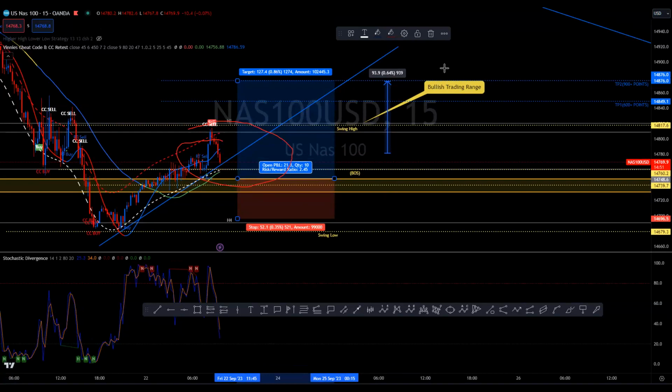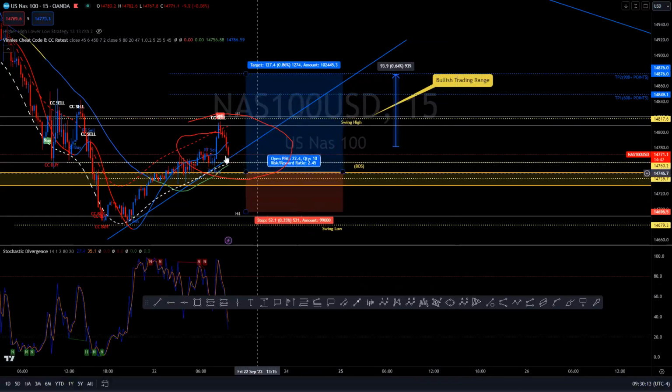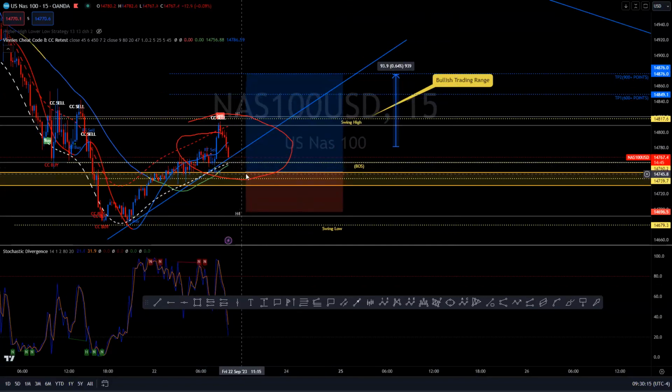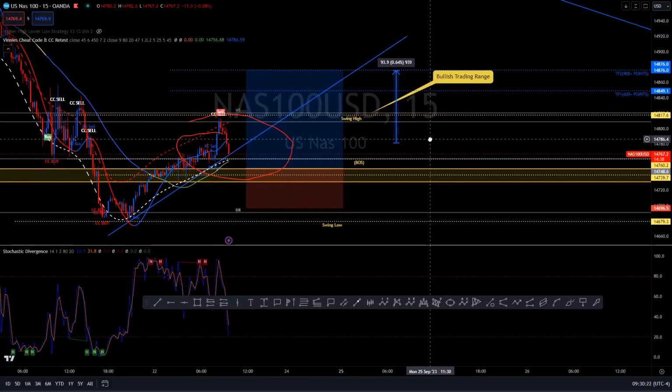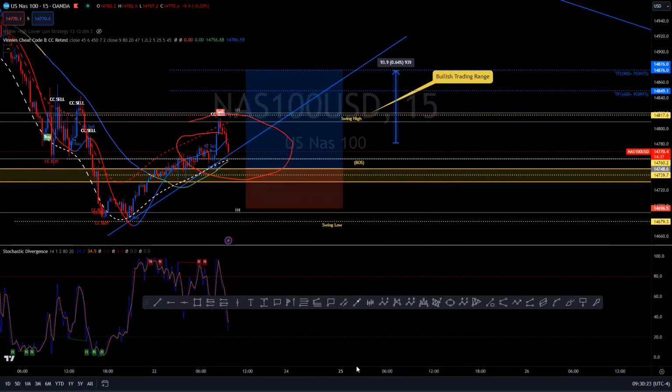Probably going to come down to this structure here and maybe split down and then be burned up. So it was a nice little counter trend sell, it looks like so far.